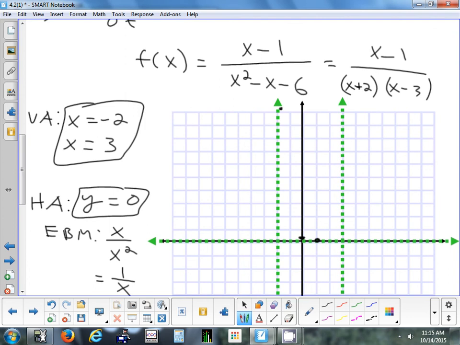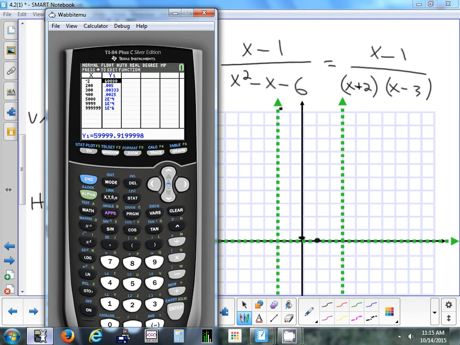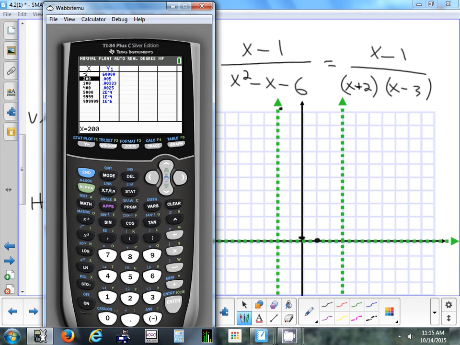Now we want to check the behavior just on the other side of that asymptote. Dave, what's a number that's just on the other side of the asymptote? Negative 2.00001. What's happening if I plug that in? It gets really big, or really small.